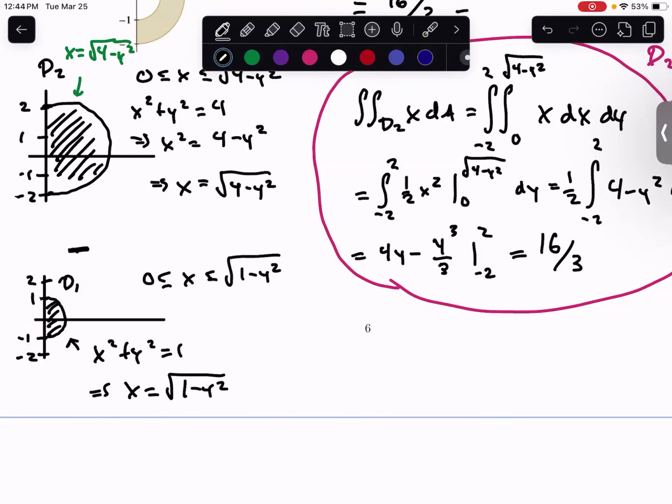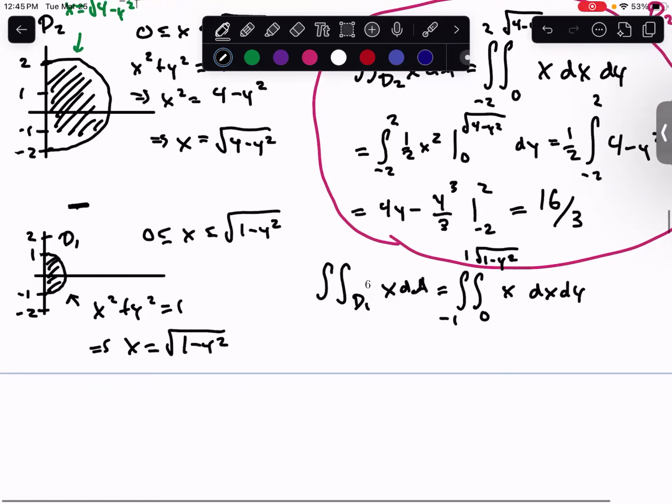And so now we just have to compute this double integral, which is again pretty much the exact same thing. So this is over D1 of x dA. So this becomes the double integral of x dx dy, where x is bounded between 0 and the square root of 1 minus y squared, and then y is bounded between -1 and 1.